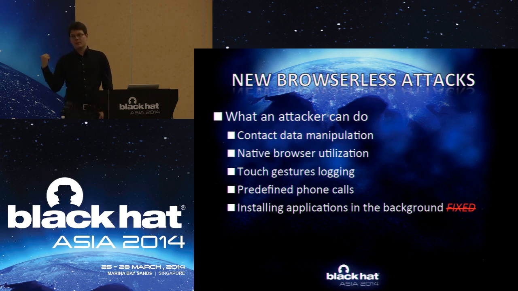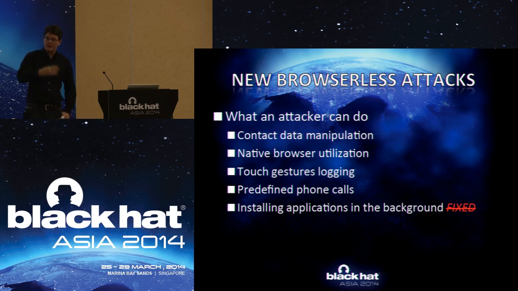And this was fixed by Google, and is the zero day for today. It can install applications in the background with more permissions. So we can install an application with the help of an application which has no rights, and this new application can, for example, do all of the things on your phone, like it is in the case of WhatsApp.